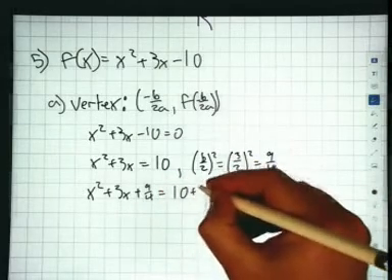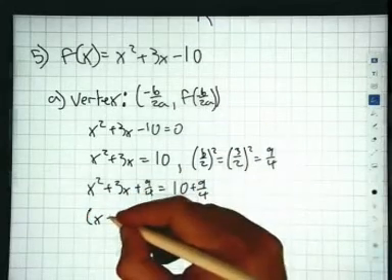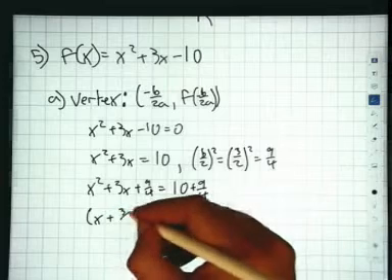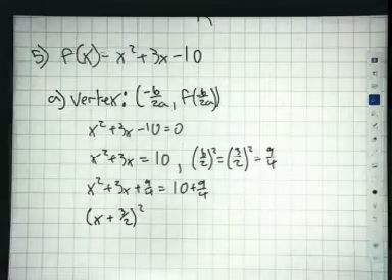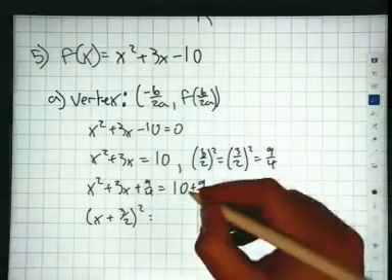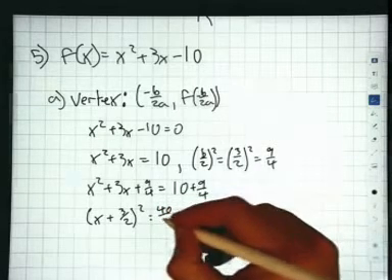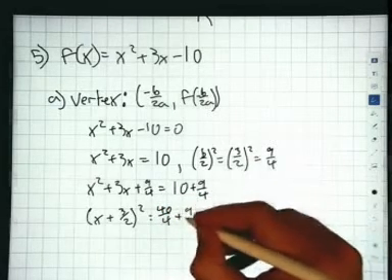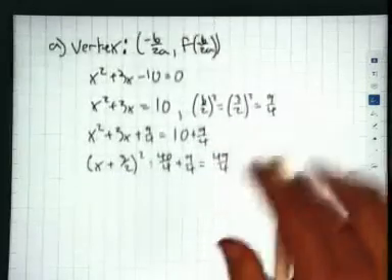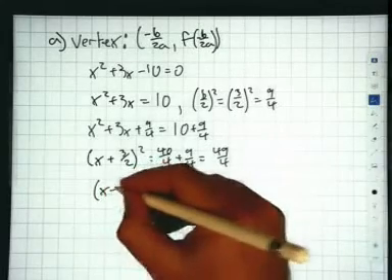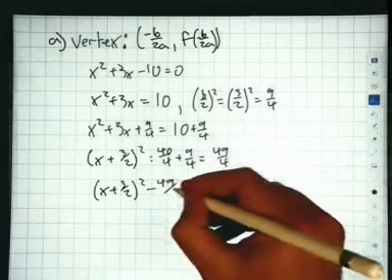Equals 10 plus 9/4. So the factored form of this is going to be x plus 3 over 2, quantity squared. And then over here, I'm going to rewrite 10 as 40 over 4. So that becomes 49/4. So our vertex form is x plus 3 over 2 quantity squared minus 49/4.